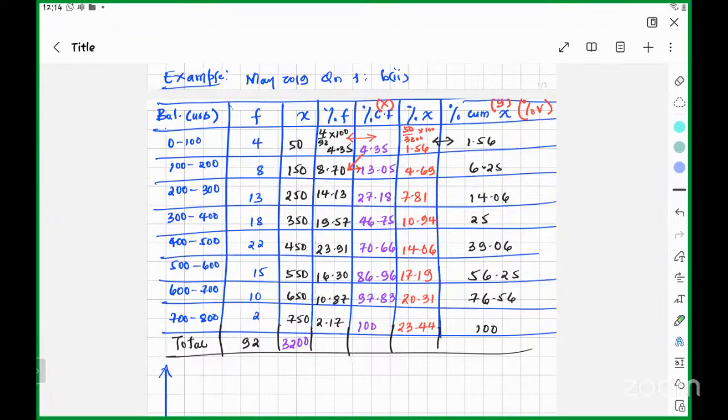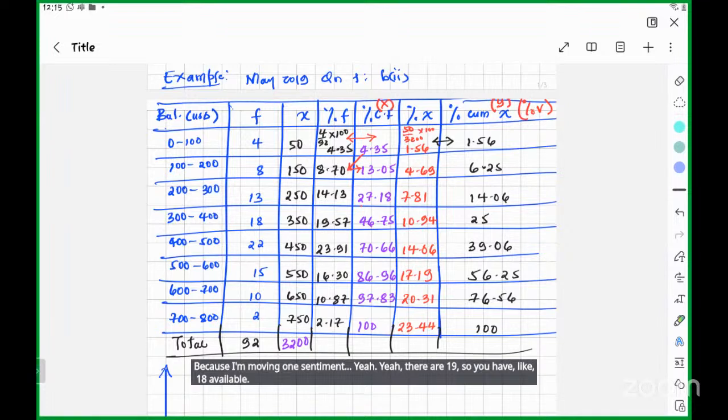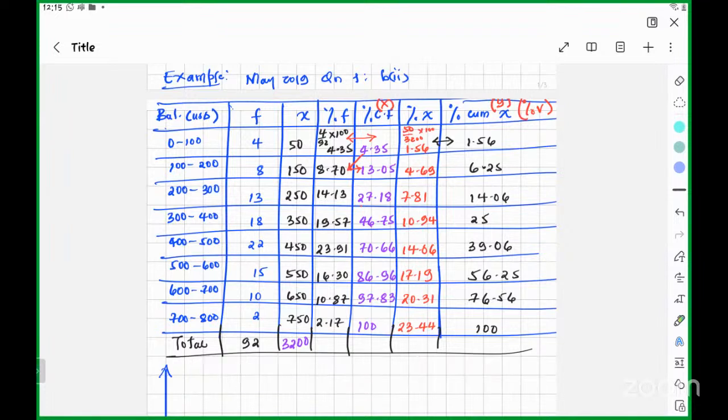10 for 1 centimeter. They are 19, so you have like 18 available on the horizontal. Yes, 1 centimeter for 10.